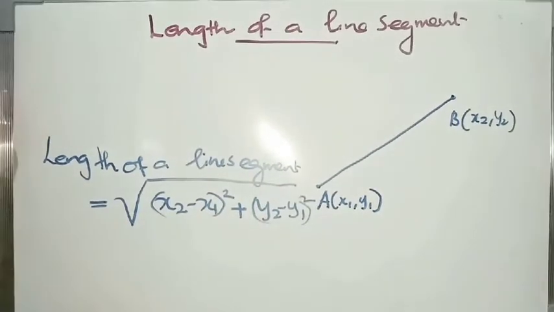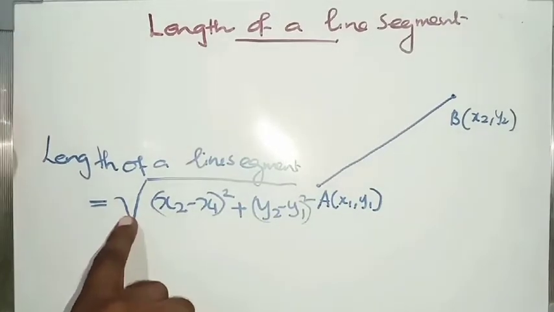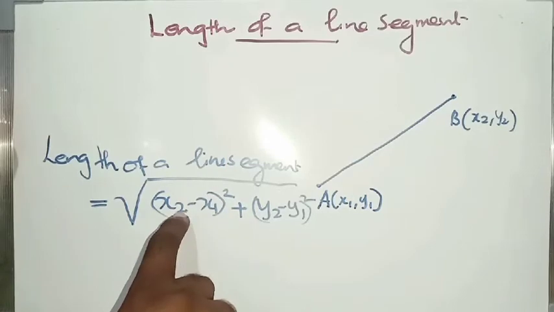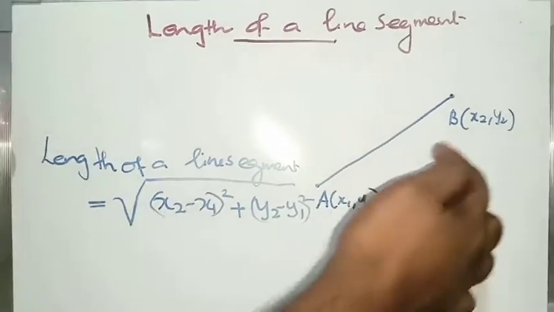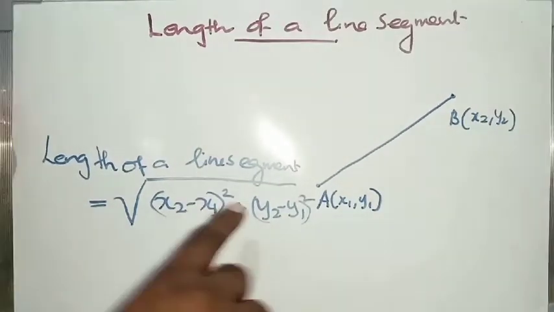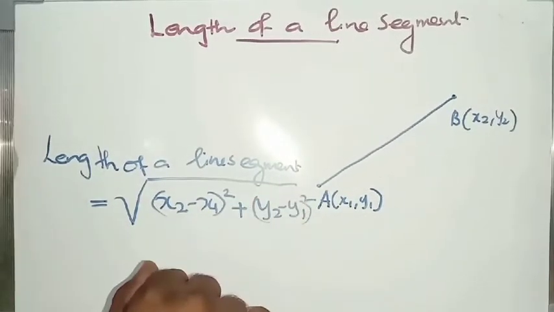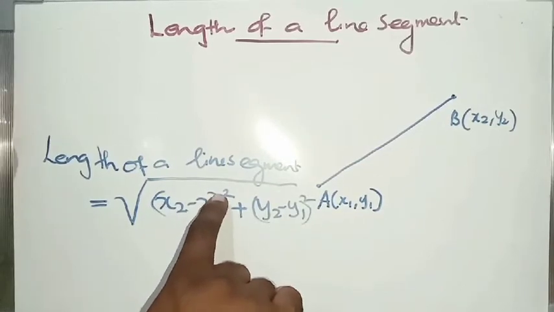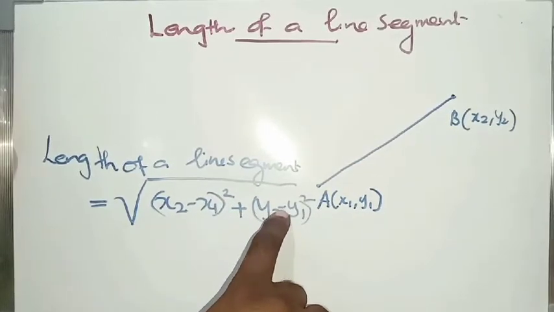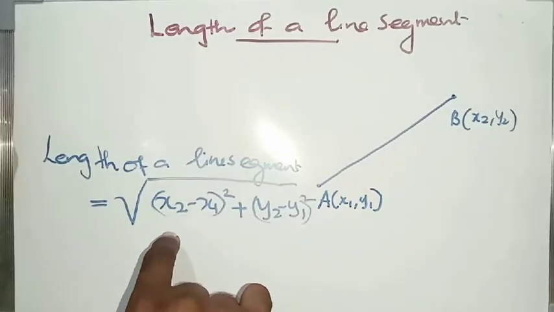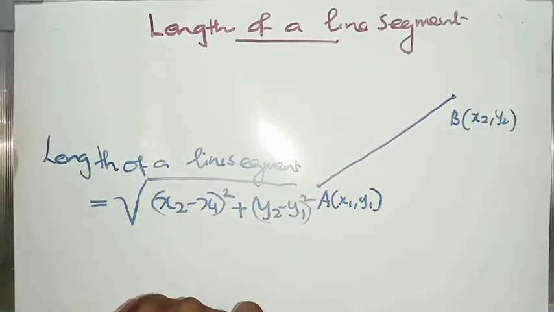That means the change of x the whole square, the difference of x squared, plus the difference of y squared. Square root of (x2 minus x1) squared plus (y2 minus y1) squared is the equation to find the length of a line segment.